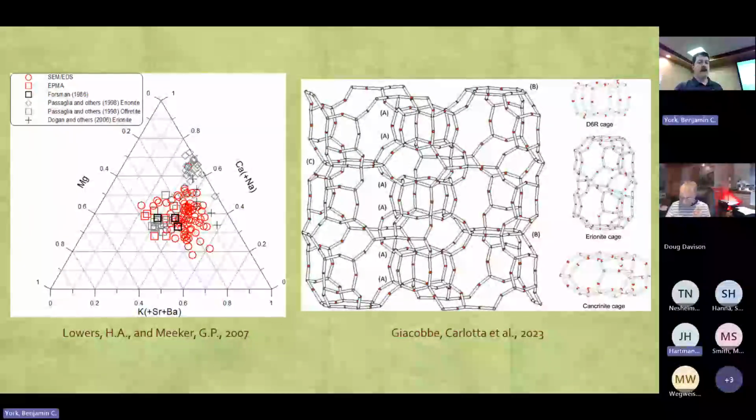The little light gray diamonds and light gray squares are from an earlier study of Erionites worldwide, compared with offretite. You can see those gray symbols are much more bunched up in separate areas. Let me bring on the cursor.